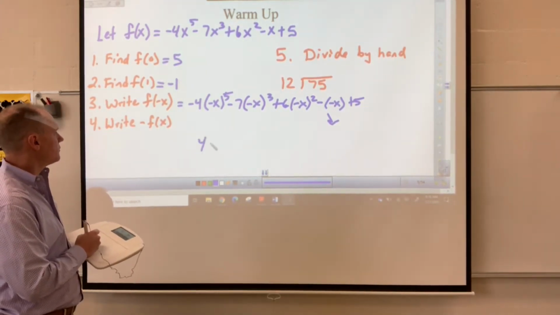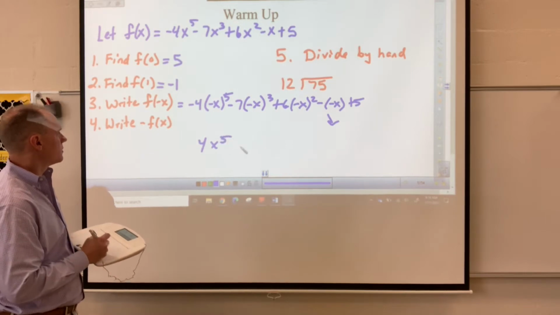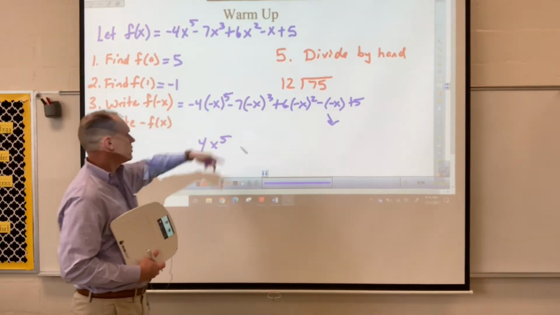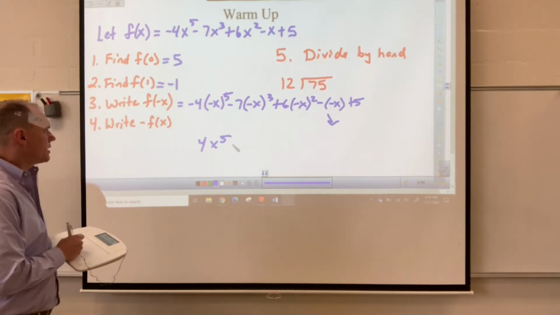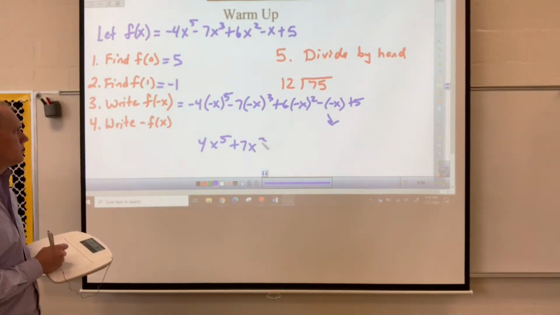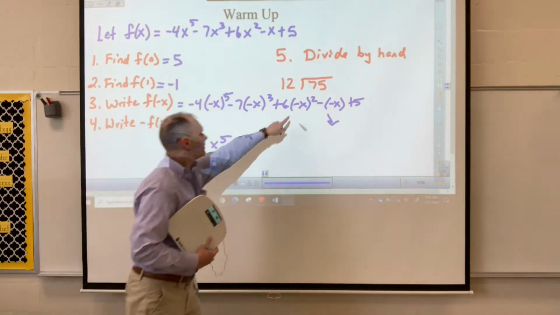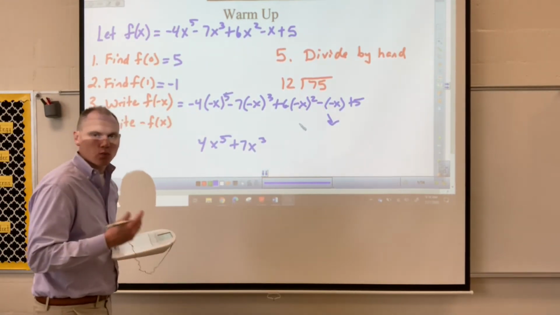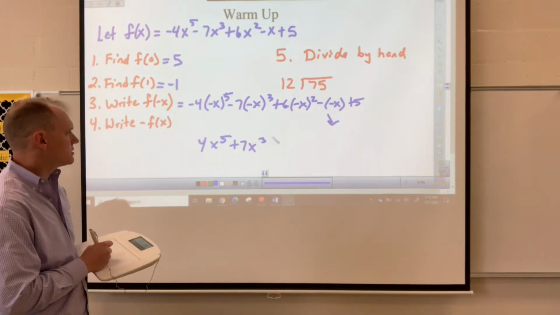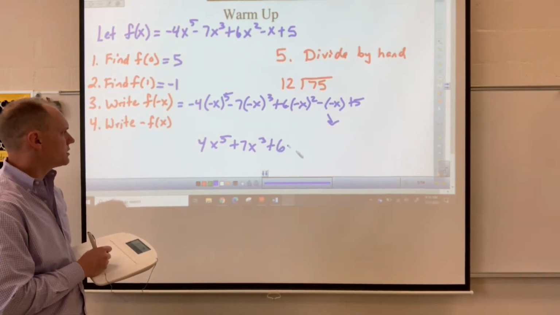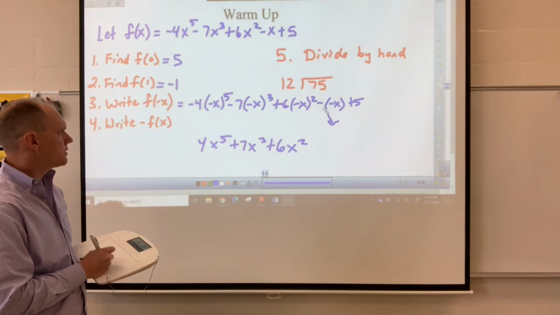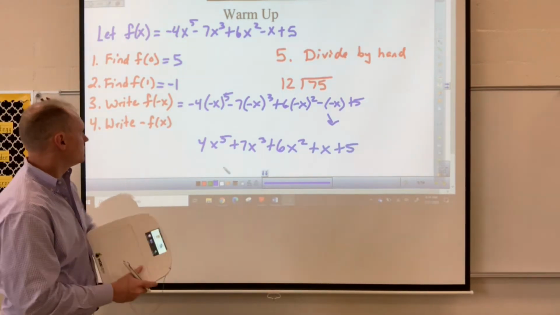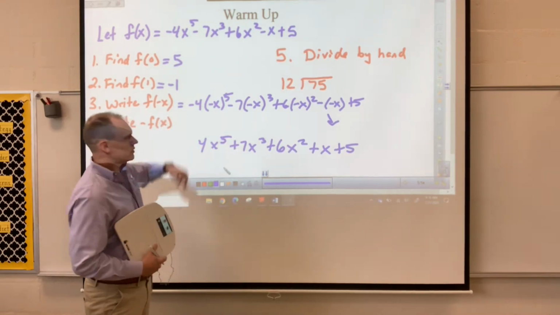So it's going to be +4x to the 5th. Same thing here, -1 to an odd power is still -1. When it comes out, multiplying by the -7 makes it a +7x cubed. But here we have -1 to an even power. -1 to an even power is just 1. And so 1 times 6 just stays as 6. So it's going to be plus 6x squared. 2 negatives make a positive x here plus 5. So this would also be a version of f of -x.